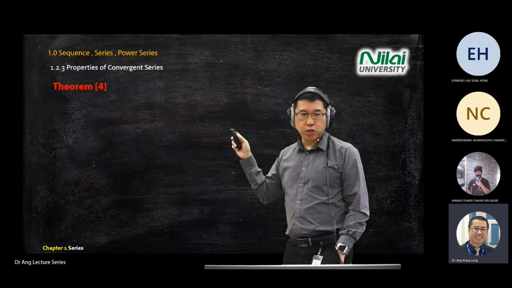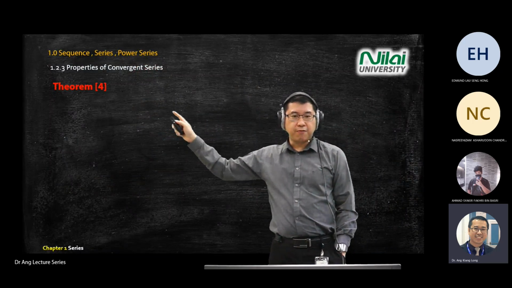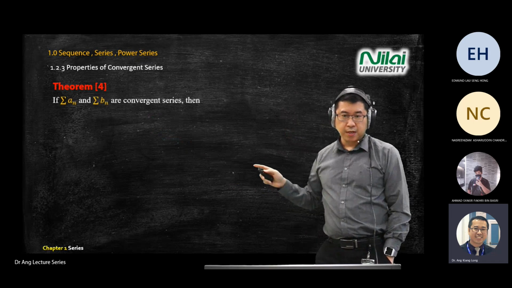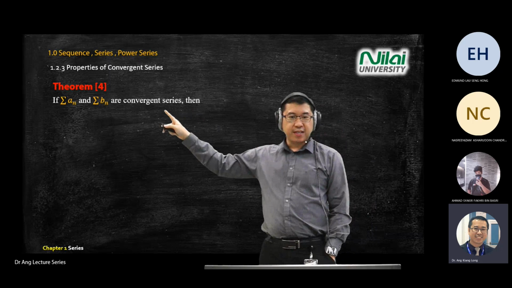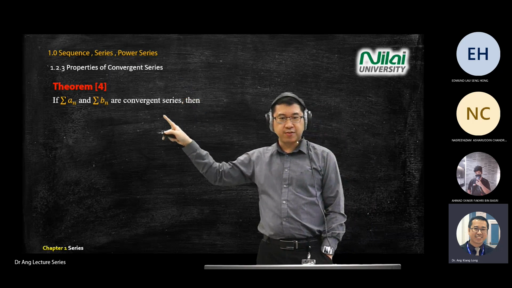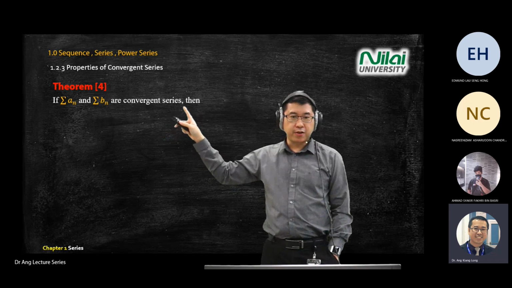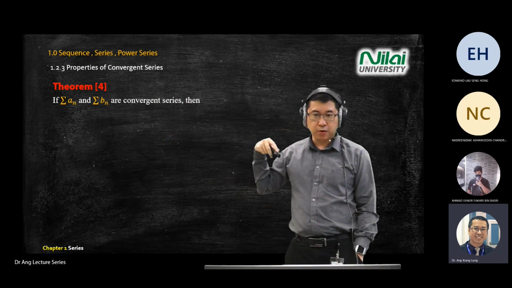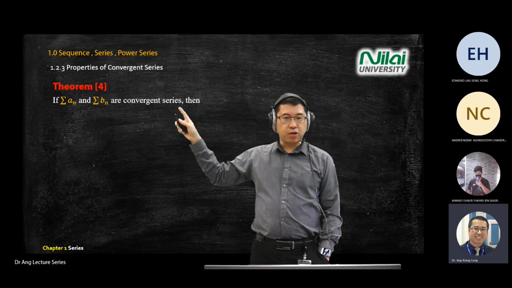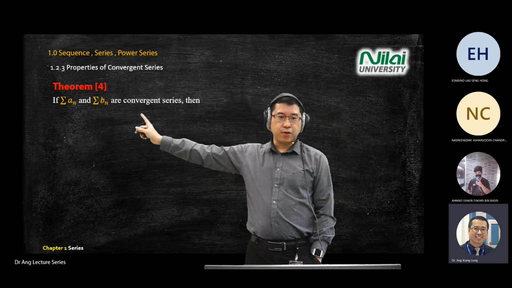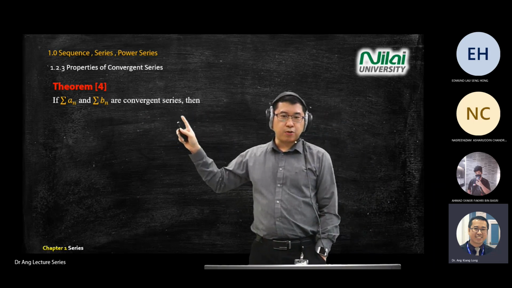Okay, now we go into theorem number 4, which is the truth of mathematics. So if you have two sets of series, now we add series. Don't confuse with sequence. According to theorem number 4, I label the theorem based on our chapter, based on our module. So if you're having a convergent series, means first series A converges, B series also converges.